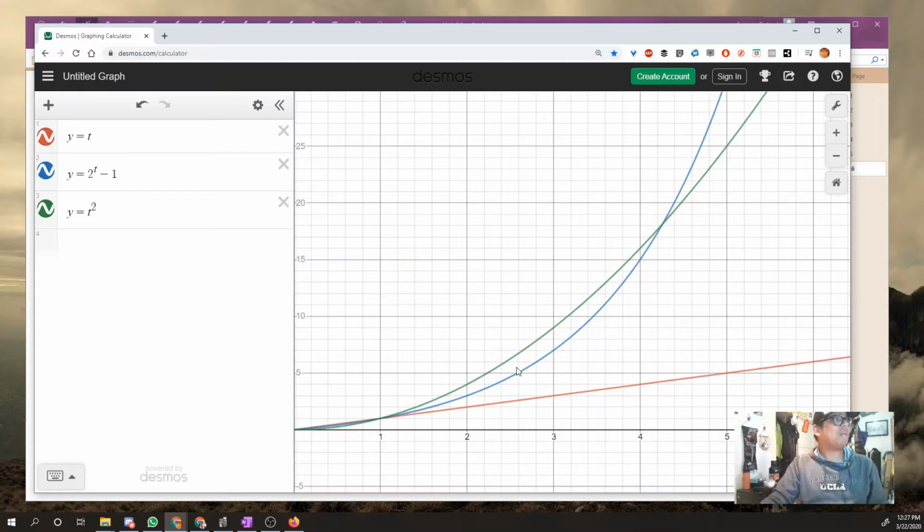It just keeps on growing at the same rate. However, that blue curve starts off second, well, no, starting here, it is second in the amount of distance traveled. And then right here, the blue graph overtakes the green graph.